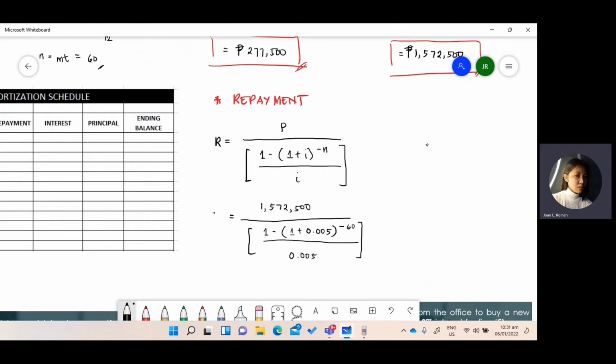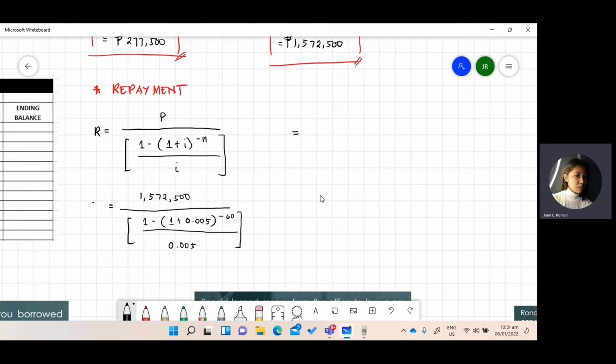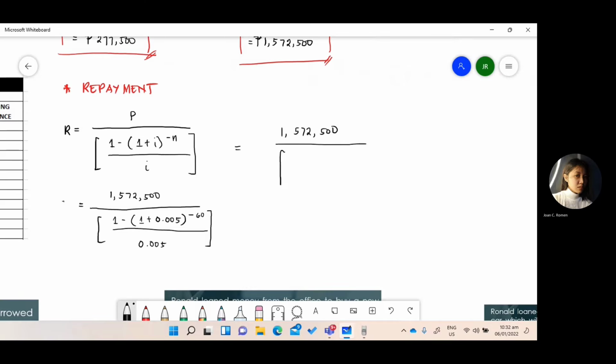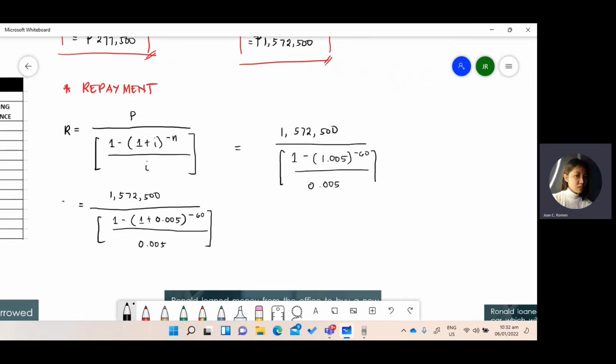So that is equal to, so here we have 1,572,500 over 1 minus 1.005 raised to negative 60, over 0.005.